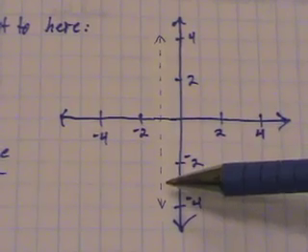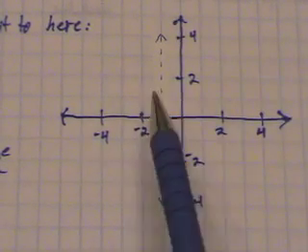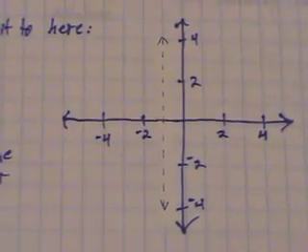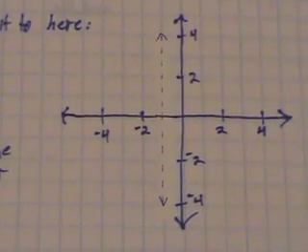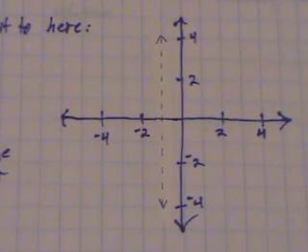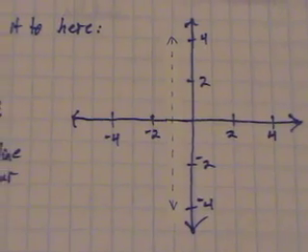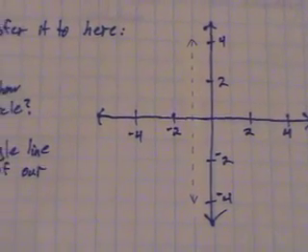And I think that all the numbers on one side or the other of this will fit our inequality of x greater than negative 1. Well, which side? How can we figure that out?